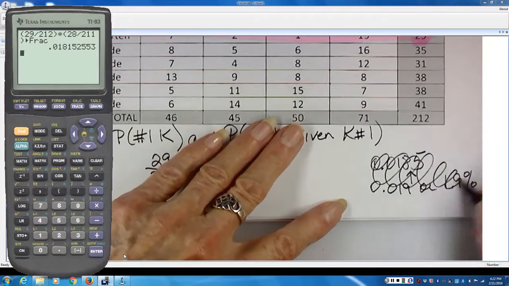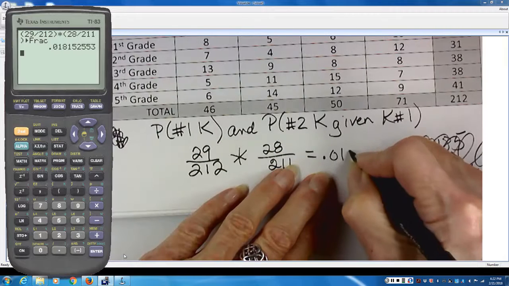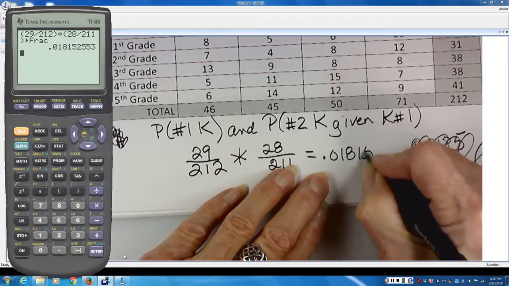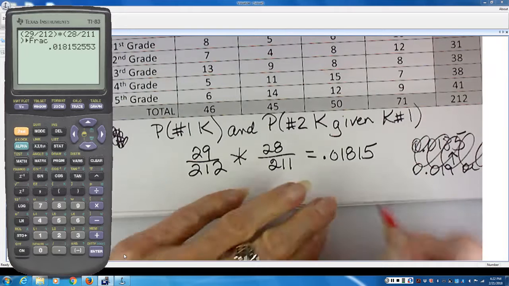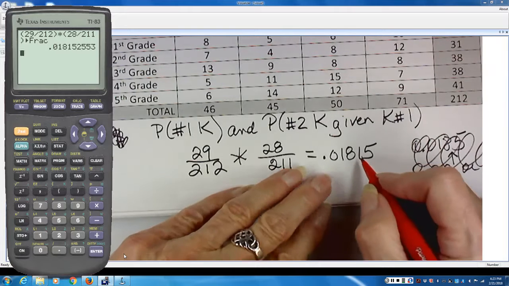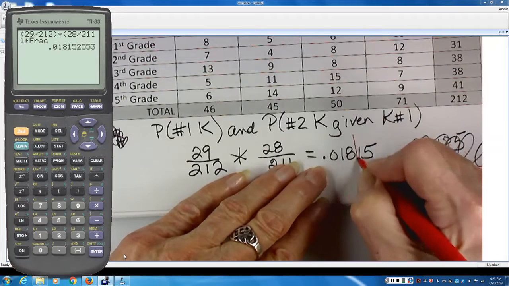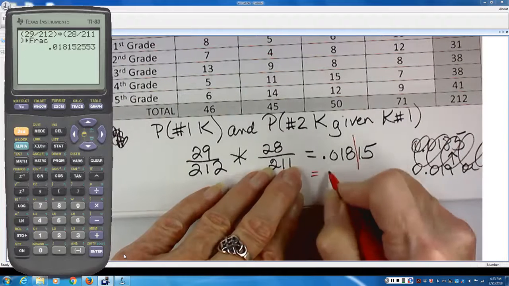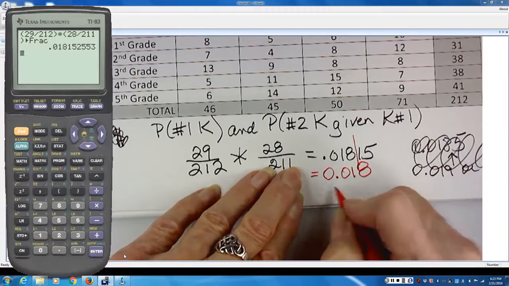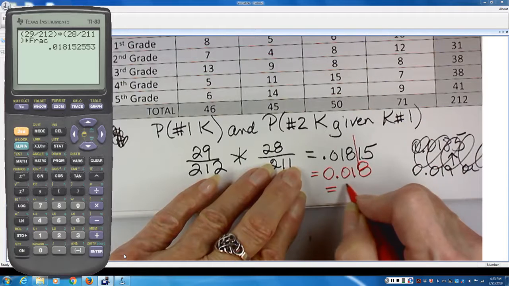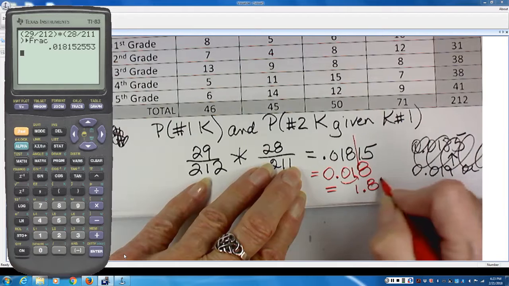Scratch that. So if I want my answer rounded so that I'll have three decimals, so I'll have 1 decimal place for my percent, then I would call that 0.018, or moving the decimal 2 places, it will be 1.8%.